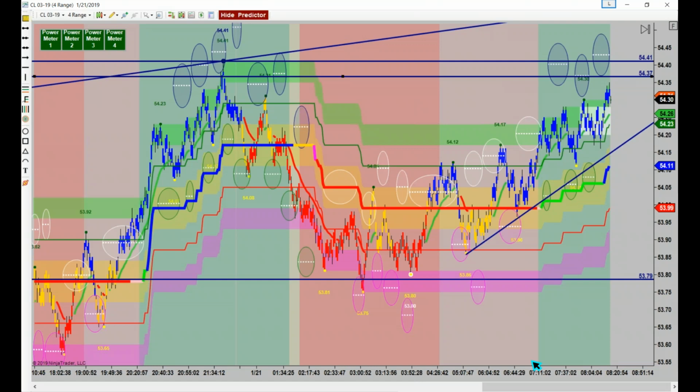Don't be through, crude. Nice move, Ed says 9 ticks. Yeah, and the thing is, with a couple of contracts or 3 contracts, 9 ticks is $270. And if you got in right at that predictor, you're even higher than that.